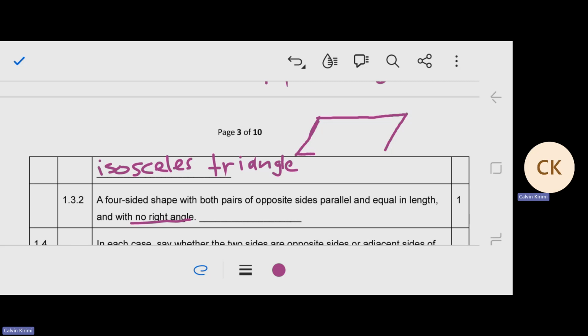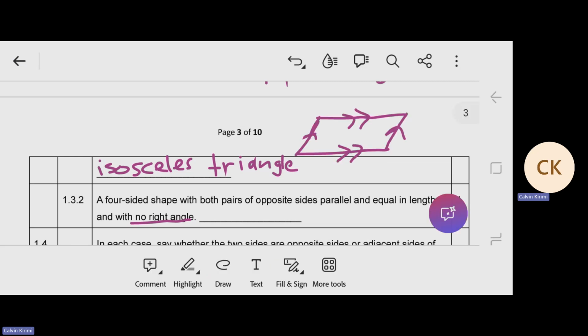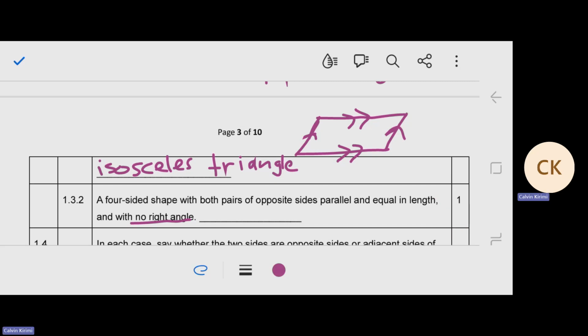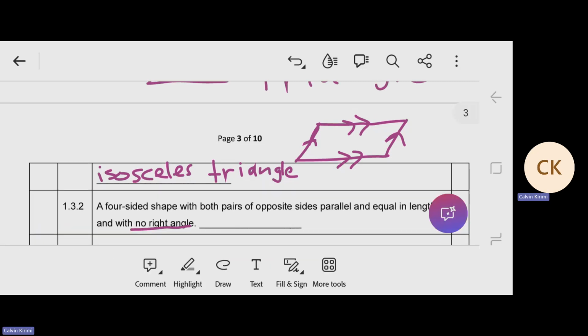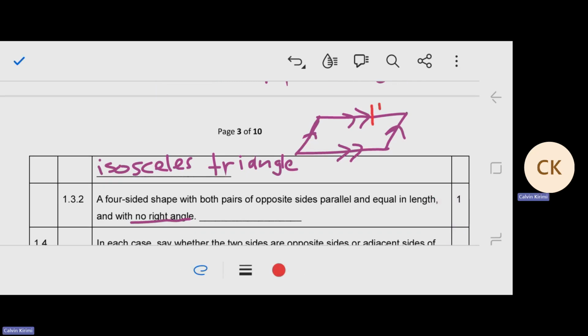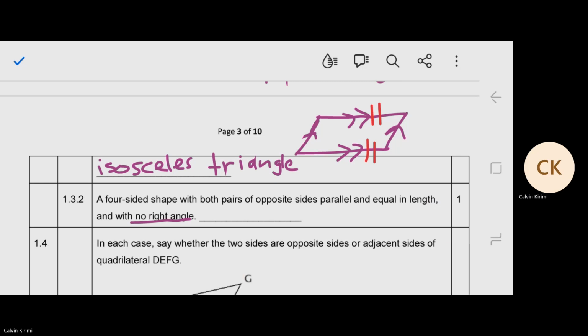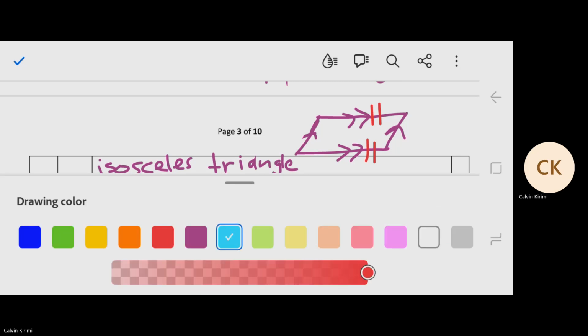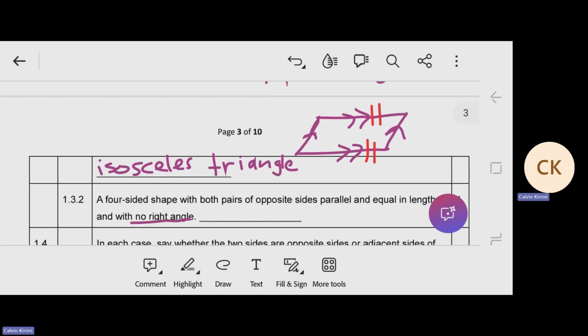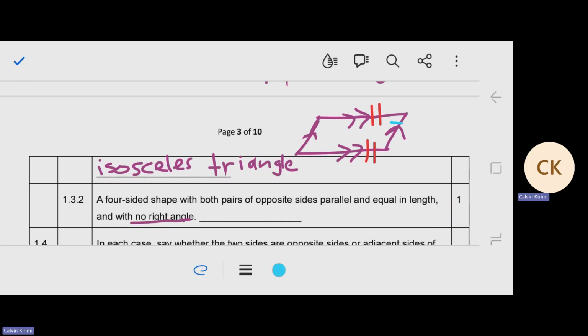We are talking of a parallelogram, which means one pair of sides is parallel, and the other pair is also parallel. Then they are talking of opposite sides parallel and equal in length. What is it that they mean? They mean the opposite sides are equal, meaning this side equals that side, and also the other side equals this one.